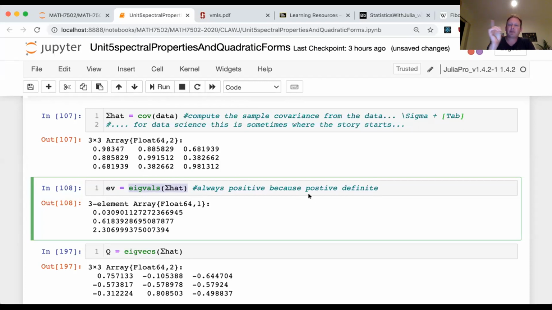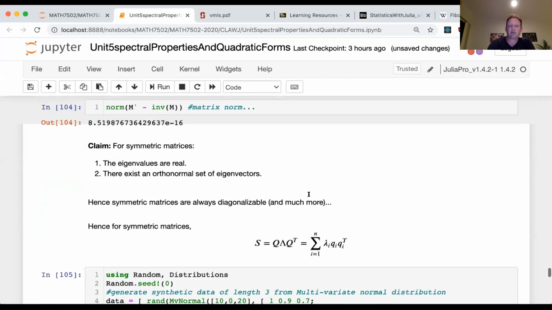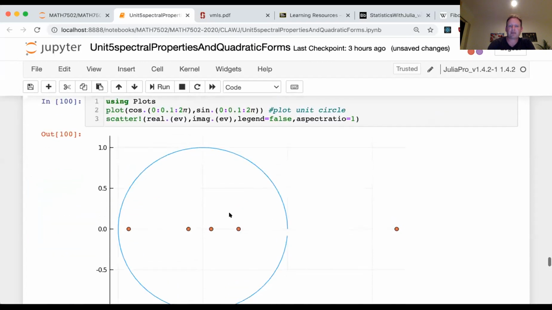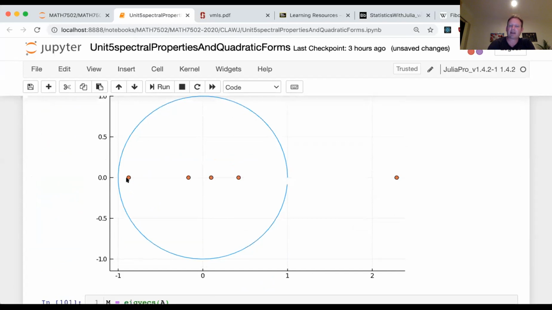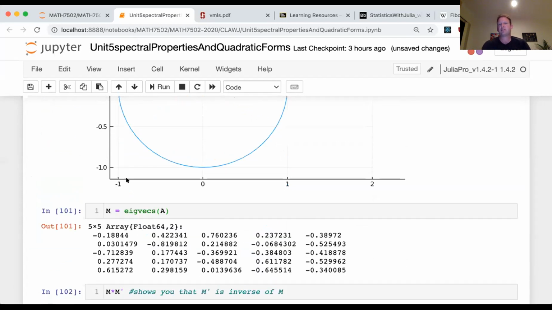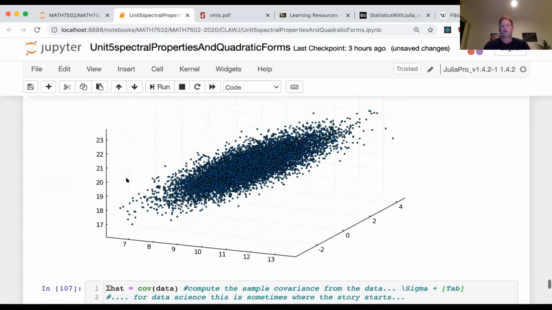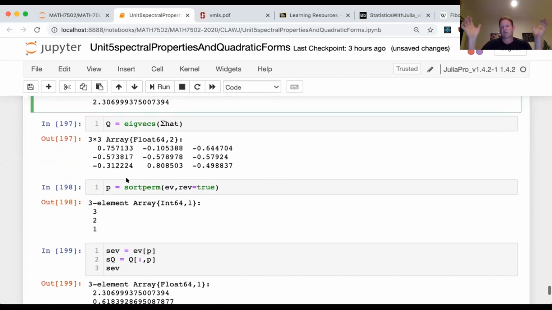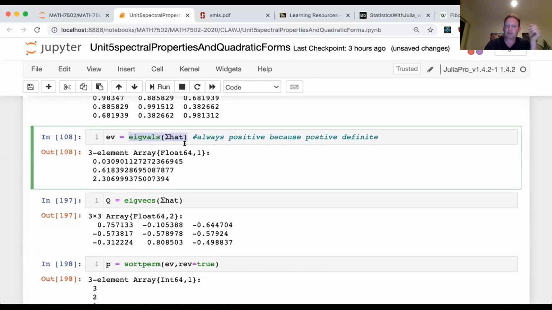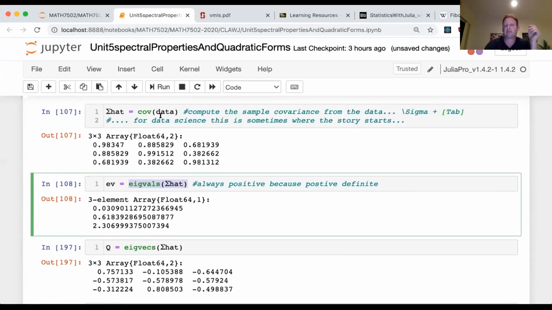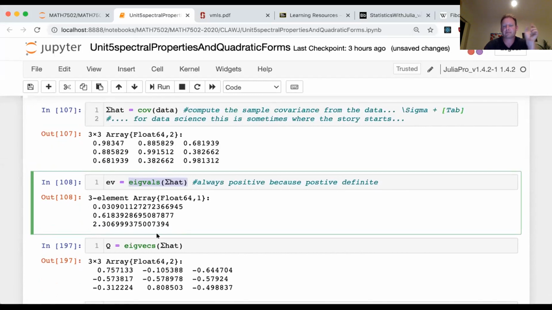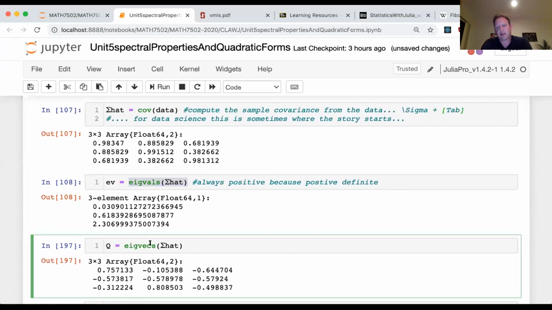Not all symmetric matrices are positive definite. Remember we generated some random symmetric matrix, and you saw it had negative eigenvalues. In the world of matrices, for non-square matrices you can't even speak about eigenvalues. Square matrices, fine, you can have eigenvalues, real or complex. Symmetric ones have to be real. Inside there, you have something called positive definite, and a covariance matrix satisfies this property. We'll see why later.